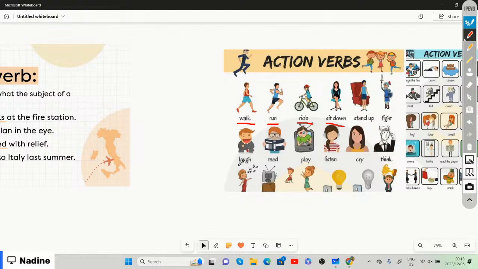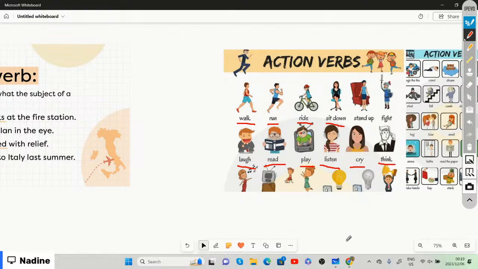And then we have laugh. That is an action verb. When someone reads, it's an action verb. To play, whether you are playing games, TV game, PSP, Xbox, that is an action. To listen, and I said earlier, whether you're listening to me but you cannot see me, that is an action that you're doing. Cry because you're sad. And to think.